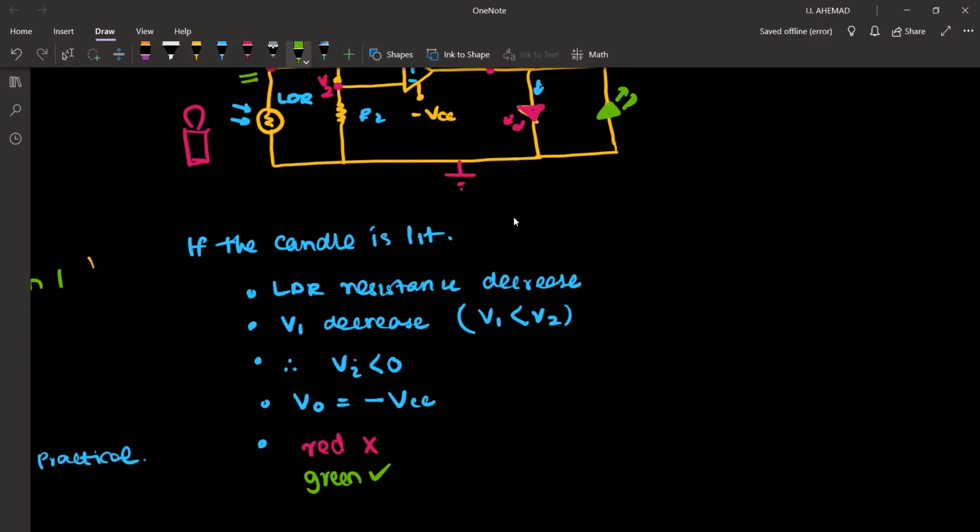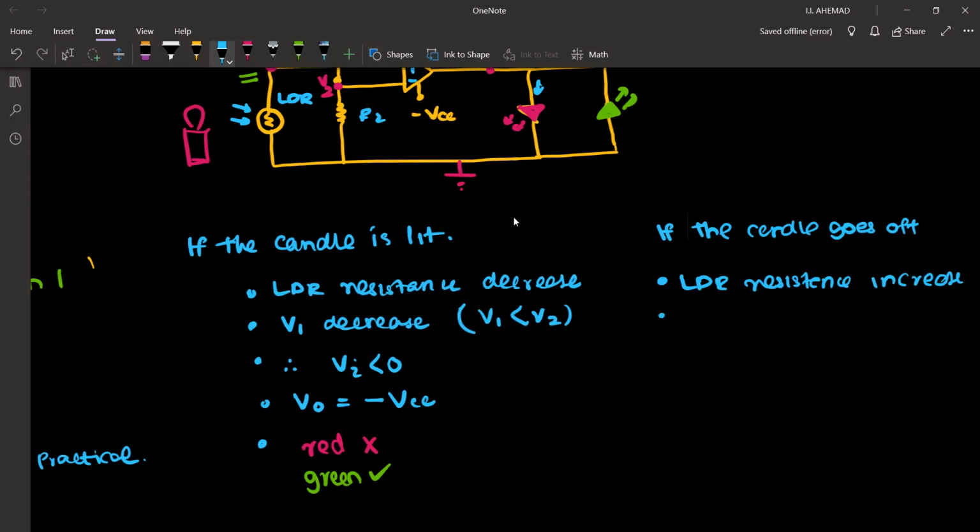And the opposite is if the candle is off. If the candle goes off, then LDR resistance increases, V1 increases, that is V1 is greater than V2.